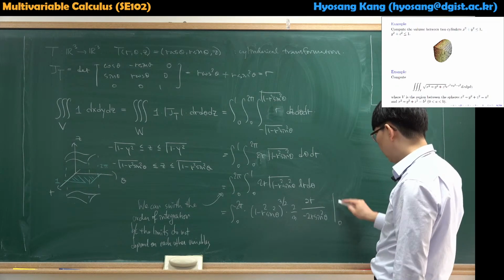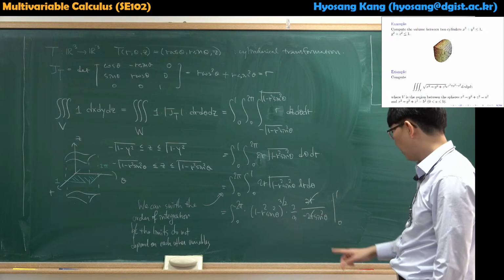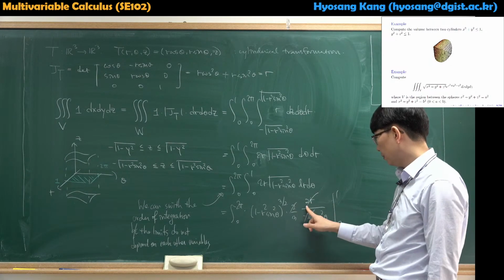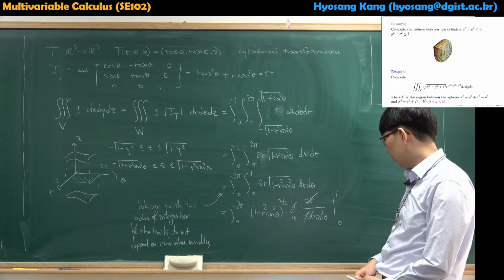From 0 to 1. So we don't have r here, and we don't have 2 here.